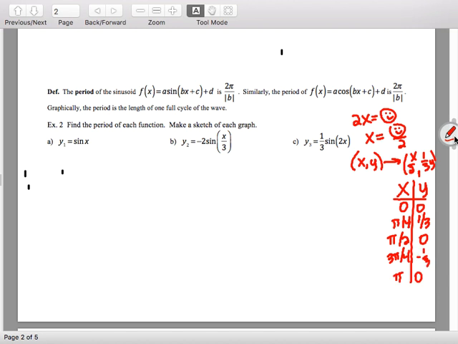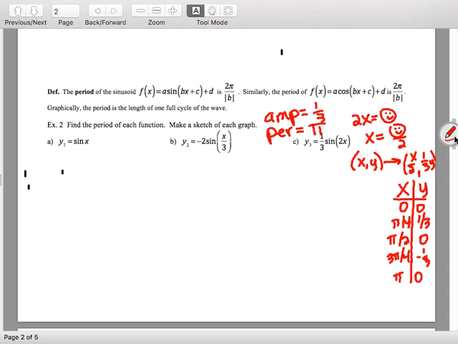Now, are you guys okay with this? When you take pi over 2 and you're dividing by 2, that's pi over 2 times 1/2. That's where I'm getting the pi over 4. My amplitude is 1/3. And what do you guys get for the period length if you take 2 pi divided by the b value?